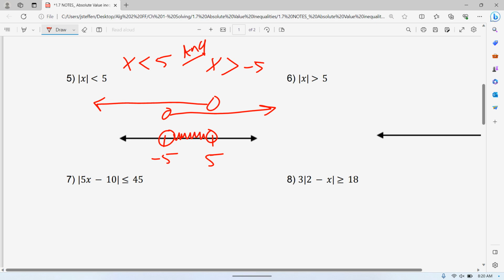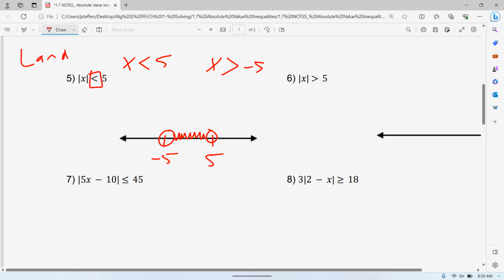If you remember the land of Gore, then you don't have to worry about these little steps. But by the way, this is a less than symbol, so we know land of Gore gives the and problem. So before I did anything, I could tell it's and, and then in the graph, you don't have to worry. If you want to, you can do that graph like we did earlier, but you don't have to, because you can just scribble in the middle.